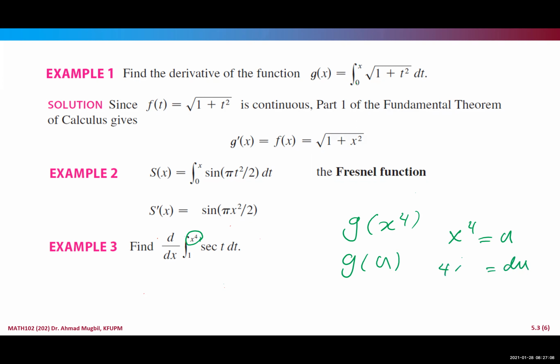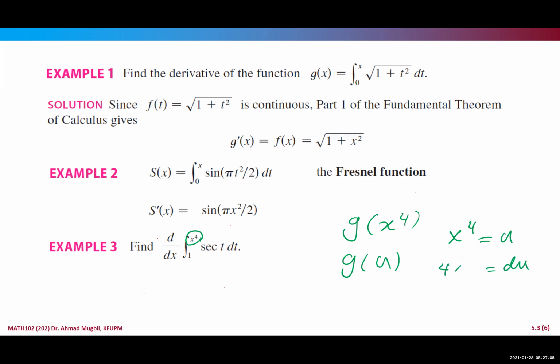So the derivative of this will be the derivative of this function of u with respect to u, multiplied by the derivative of u. And this is exactly what the chain rule says. Let me remind you, guys, about the chain rule. The chain rule says if you have y as a function of u and u as a function of x, then dy/dx equals dy/du times du/dx. Do you remember that? So this is exactly what we did here.